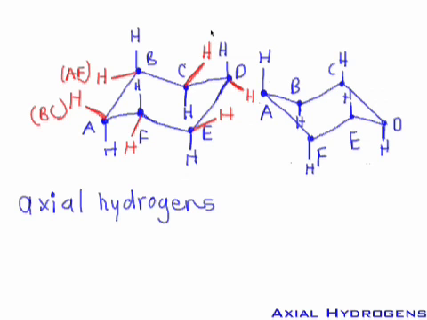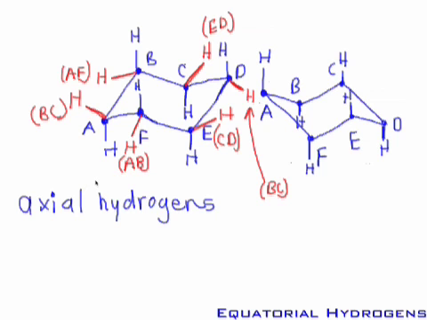The H off of C is parallel to ED. The H off of D is parallel again to BC, which you could say EF. The H off of E is parallel to CD. The H off of F is parallel to AB. Right? These red H's are referred to as equatorial hydrogens.